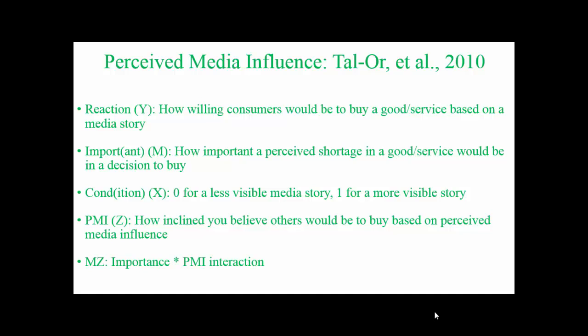And PMI, the Z, the moderator, is how inclined you believe others would be to buy based on that perceived media influence on the decision to buy. And the MZ is the mediator, which is importance by PMI interaction. So does media influence and perceived importance interact to manipulate decisions to buy? Those of you of the marketing bent will kind of get the gist of this one.